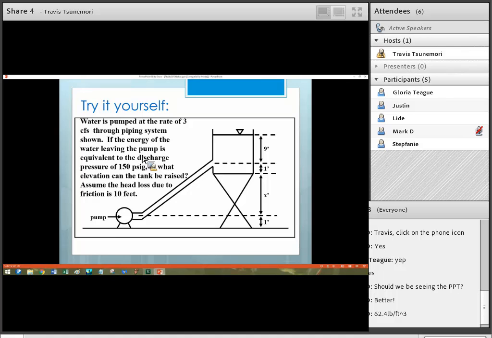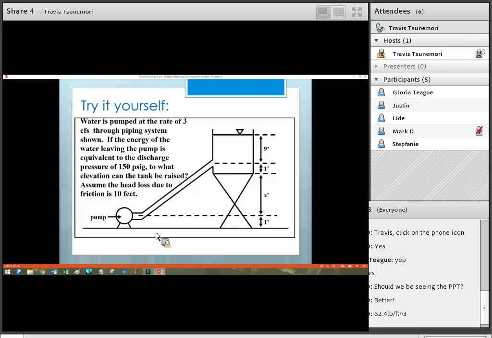So if you make your first point right at the outlet of the pump, you'll know all the pieces of the Bernoulli equation at that point. And then you have to decide where your other point's going to be. Try that on your own. What I want to know is how big is X, which is the height that we can raise that tank.